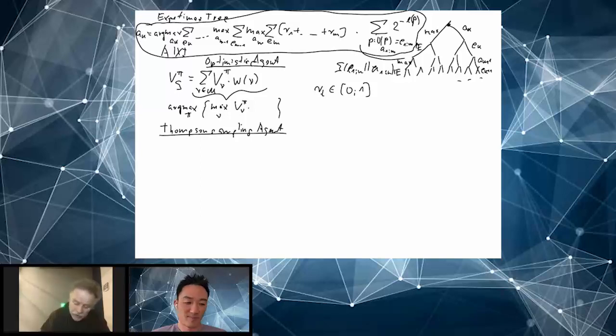So we look at the posterior probability of an environment nu given the action-observation sequence up to a certain time n. And we sample nu from this posterior distribution.